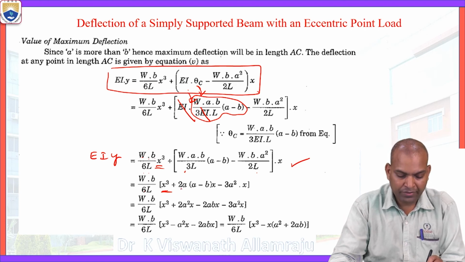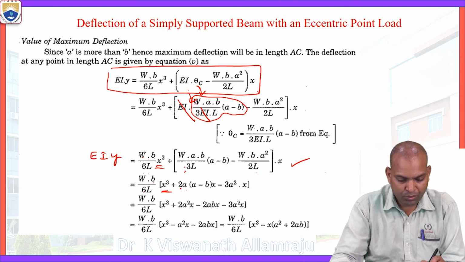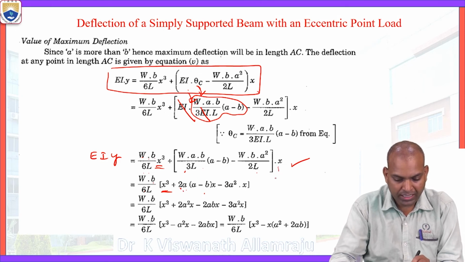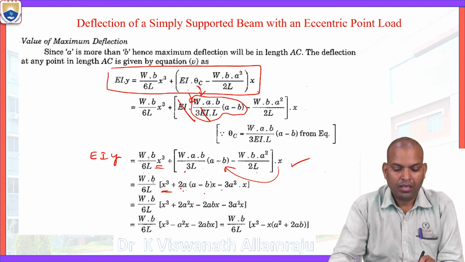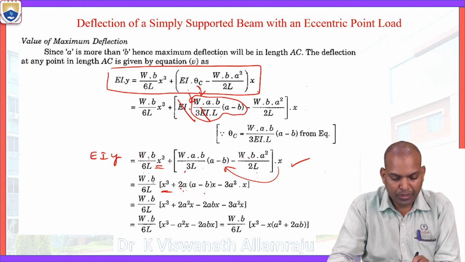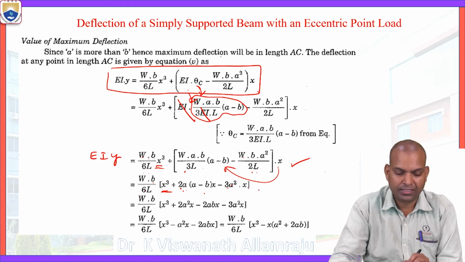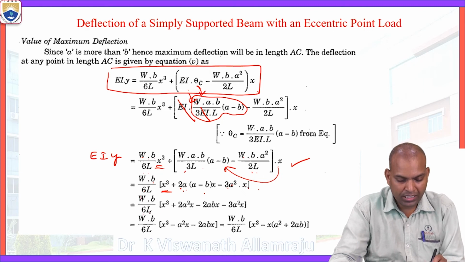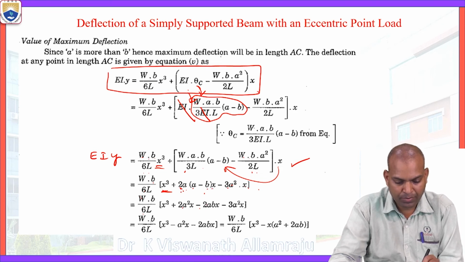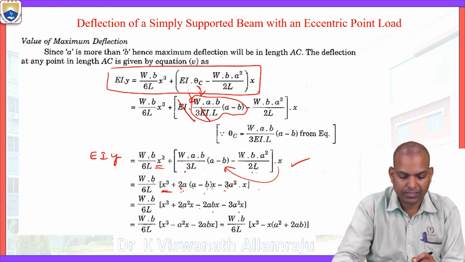So multiply the 2a, that is 2 times, 2b already common, 2a times (a minus b) times x coming inside, minus Wb by 2L. How much do we have to multiply? 2 means here 3, so 3a² x, b went outside common. Wb by 6L times x³ plus 2a², 2a² x minus 2abx minus 3a² x.